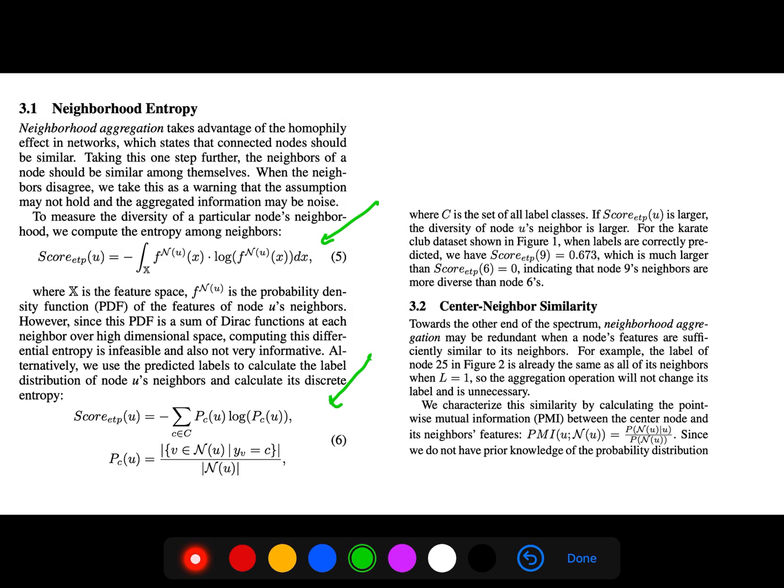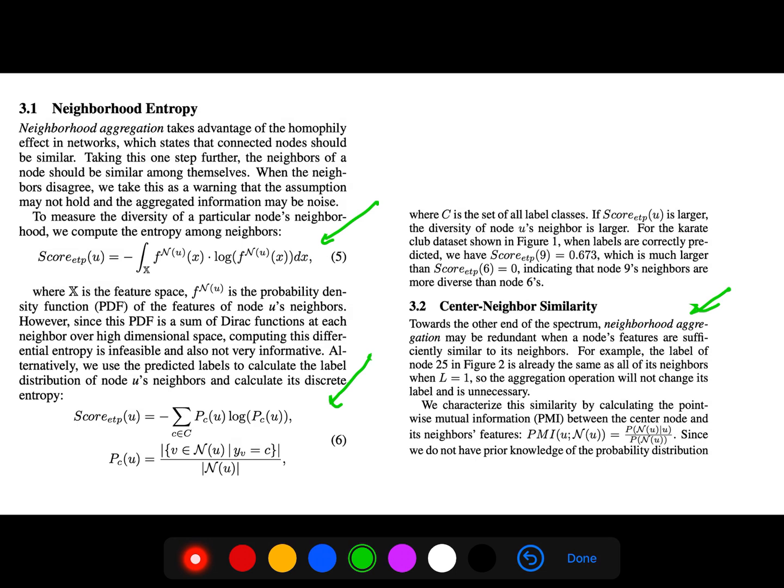Towards the other end of the spectrum, neighborhood aggregation may be redundant when a node's features are sufficiently similar to its neighbors. For example, the label of node 25 is already the same as all of its neighbors when L is equal to 1, so the aggregation will not change its label and is unnecessary.